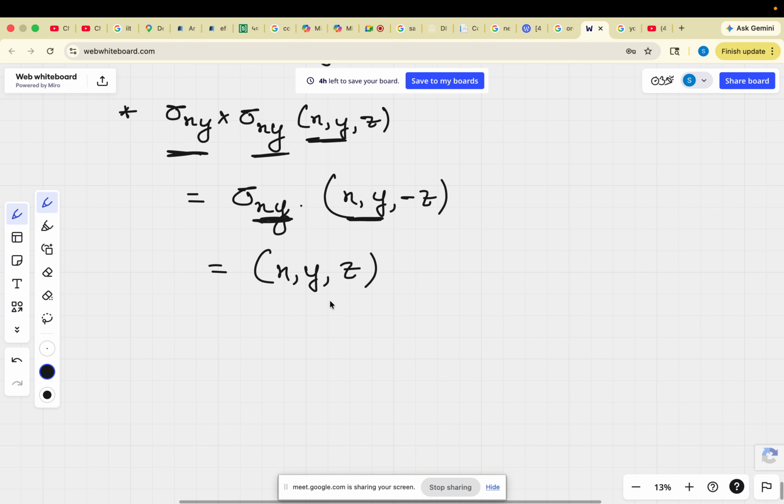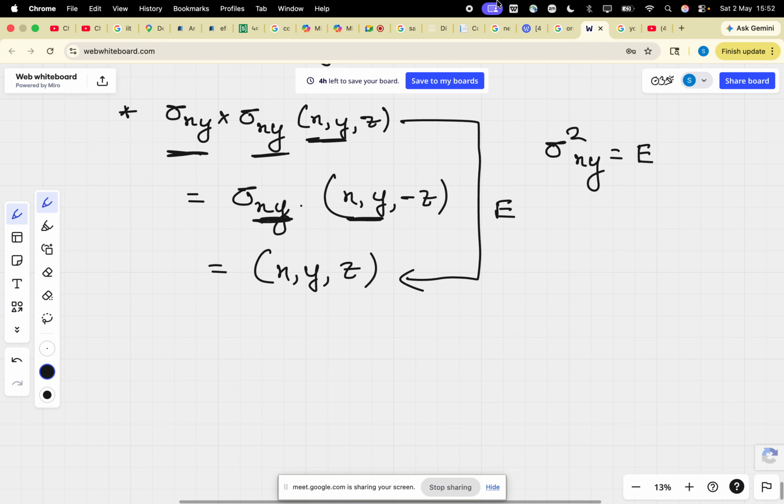So it is becoming xyz only. From xyz you are getting xyz. That is your identity E. So if you are doing sigma xy into sigma xy, that means you are operating two times. So sigma square xy is equal to identity. If you operate the same operator two times, you will get identity. Clear?